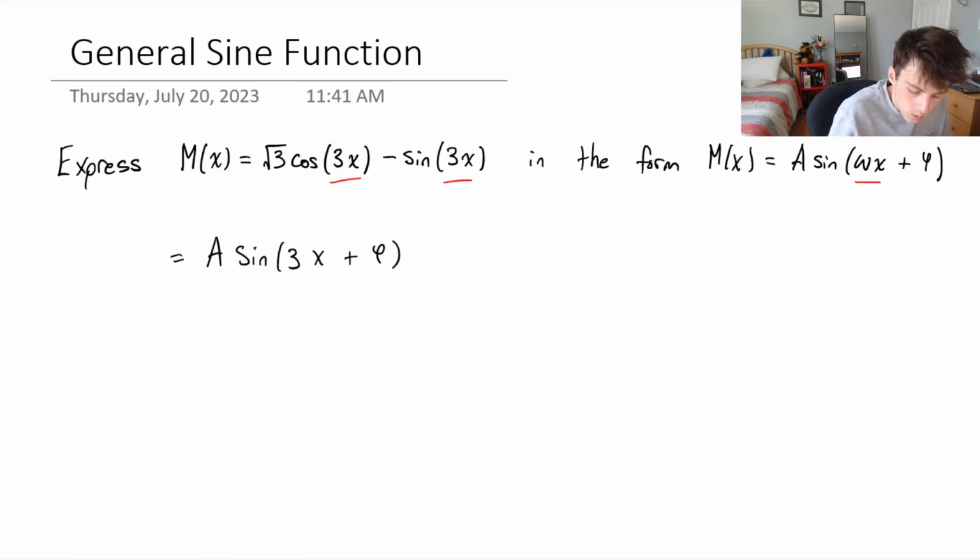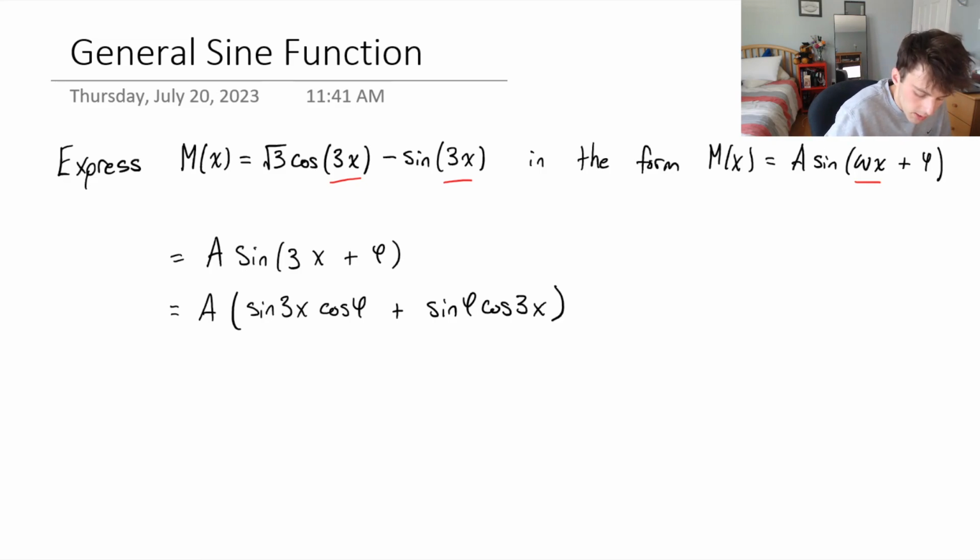So what we're going to do is rely on a simple trig identity to remember for sine of the addition of two things, right? Well, sine of 3x plus phi, we could simplify that to sine 3x times cosine of phi plus sine of phi times cosine of 3x.